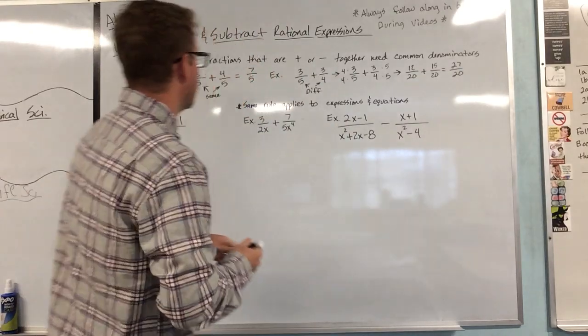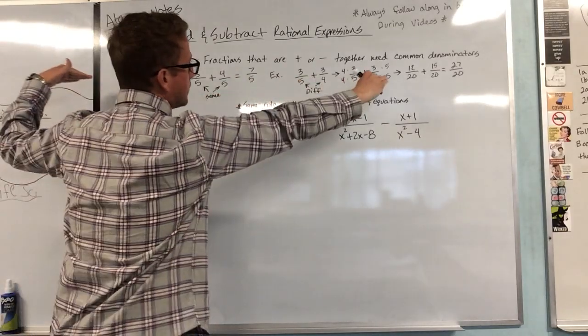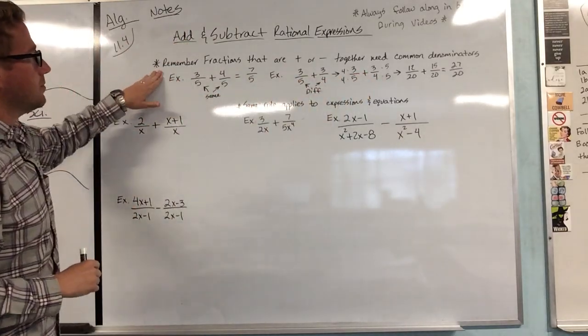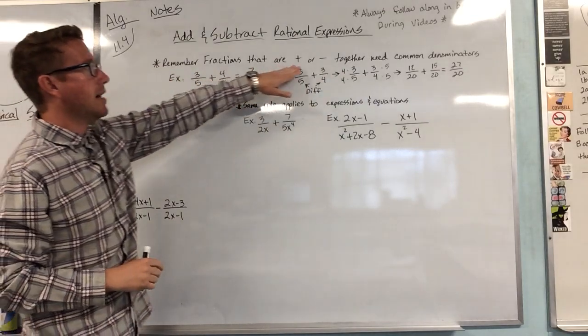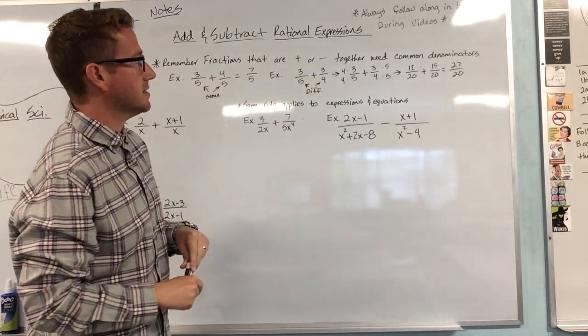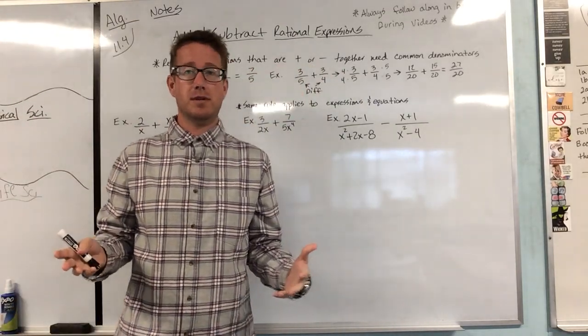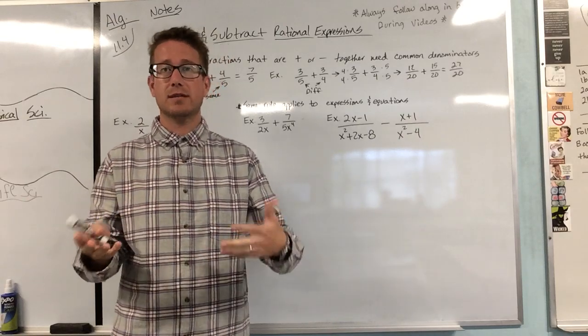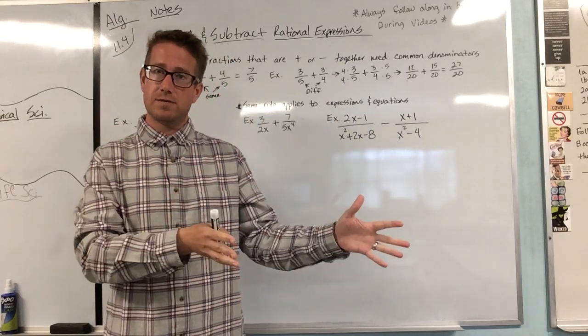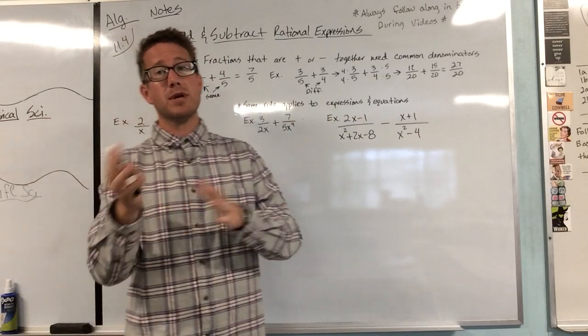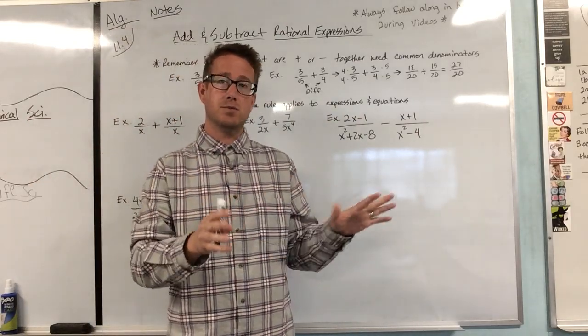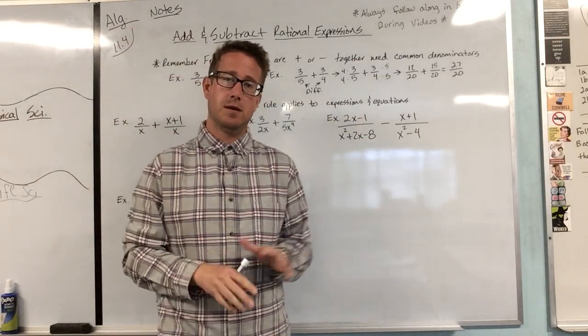All right, so our quick review, this upper line here, is remembering that when you are adding or subtracting fractions together, you have to have a common denominator. If you are multiplying and dividing, that's the exception. You do not need to have a common denominator.